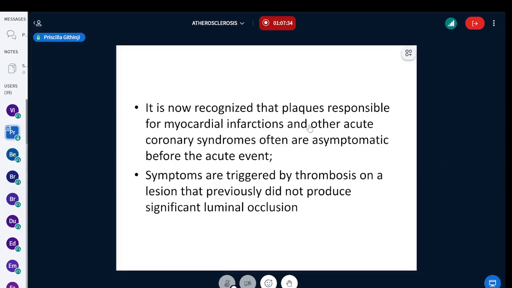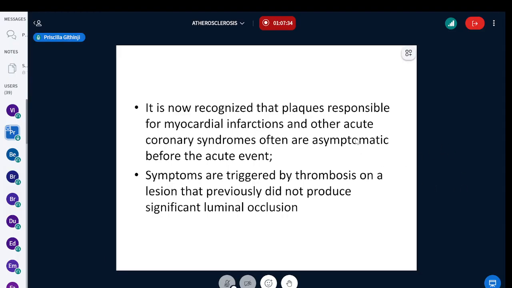So let's look at ischemic heart disease, which we've said is the most important clinical manifestation of atherosclerosis. If in an exam we ask you about the risk factors of ischemic heart disease, they are the same as those of atherosclerosis. So you talk about modifiable and non-modifiable risk factors.